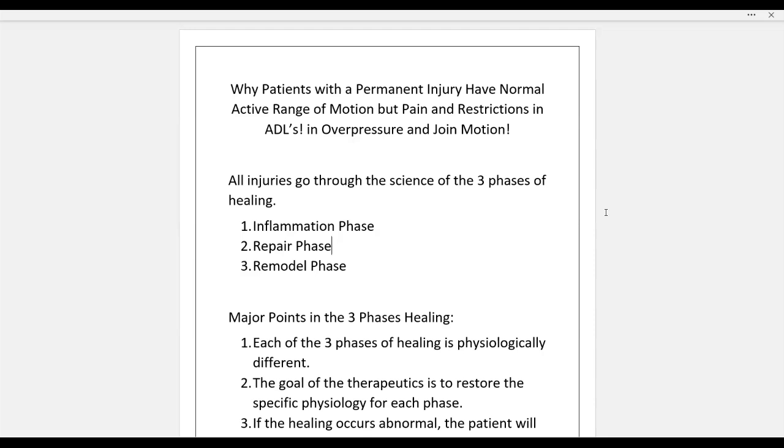It explains why somebody can have pain while they're stationary, why somebody can have no pain at all while stationary in the neutral position, or even if they move 10, 20, 30, 40, 50 degrees, but they only have pain maybe at the end of that range of motion, or only in overpressure, or they have no pain at all in any of the range of motion, but they have it in one plane of motion in overpressure.